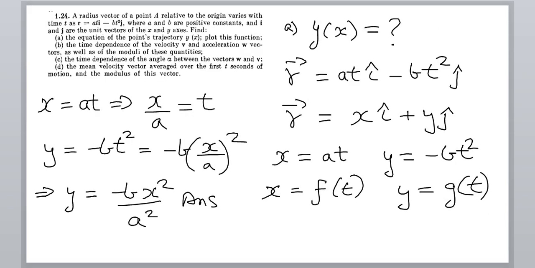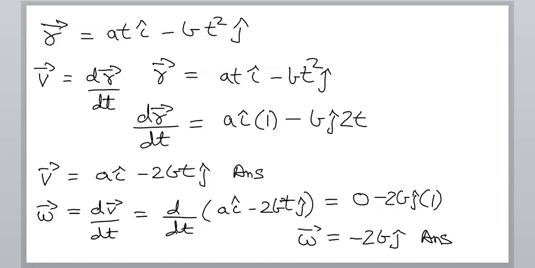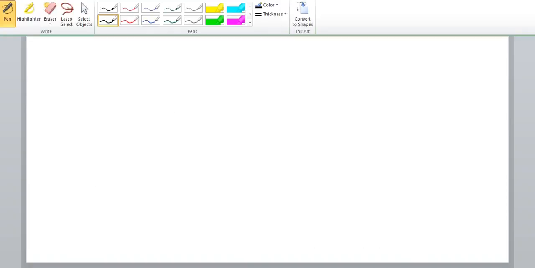In the B part they are asking the time dependence of the velocity v vector and acceleration w vectors as well as of the moduli of these quantities. So we also need to find the modulus of v vector and modulus of w vector.